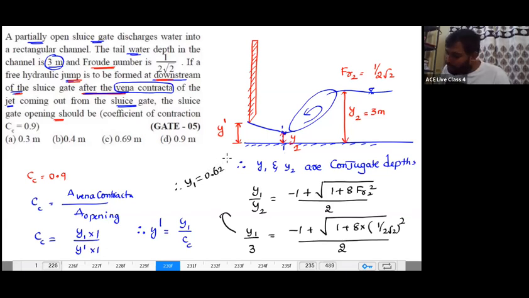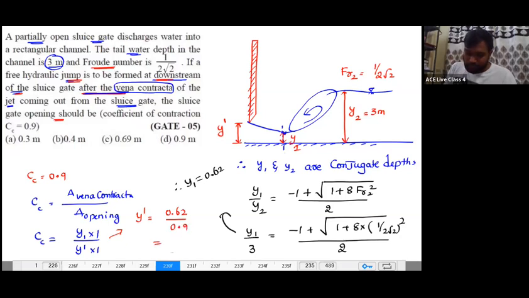Now what is y dash, sir? You see, from here, y dash is nothing but y1 0.62 by Cc as 0.9. So this is going to be 0.69 meters.